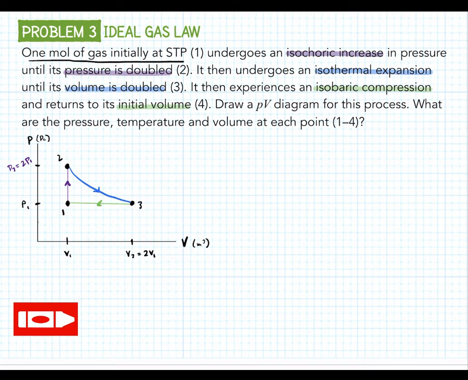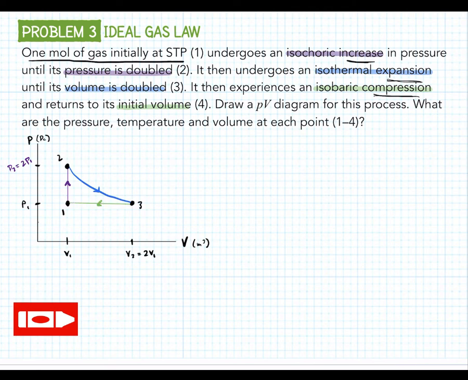Then we have an isobaric compression, which means we're making the volume smaller. That's what compression means, right? Because expansion means volume gets bigger. Increase means something gets bigger, in this case pressure. Isothermal expansion means volume gets bigger. Compression means volume gets smaller. So the isothermal expansion means we've increased the volume here, then we decrease the volume here, okay?